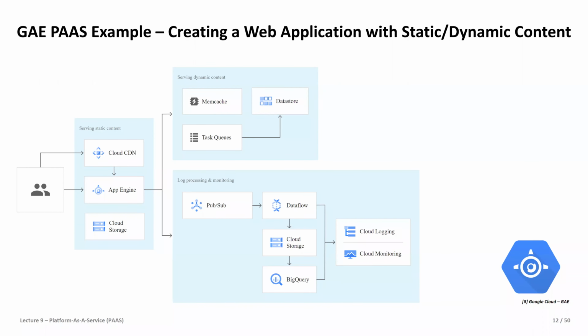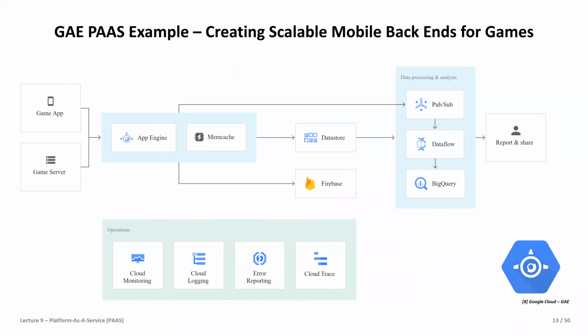And here you see it's a web application with dynamic content, but also with a very strong logging and processing infrastructure, right? Dynamic content means people maybe can also download something on your own portal that you create for your hobby, whatever it is. Or for pictures in Iceland that we discussed for the volcano. This is something you can easily publish with the Google App Engine, and then it's automatically scalable, right?